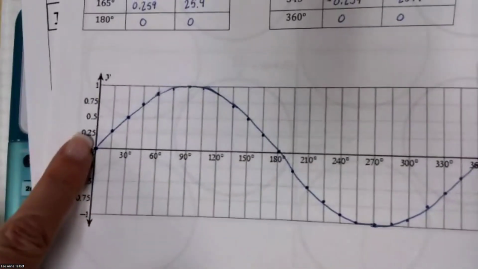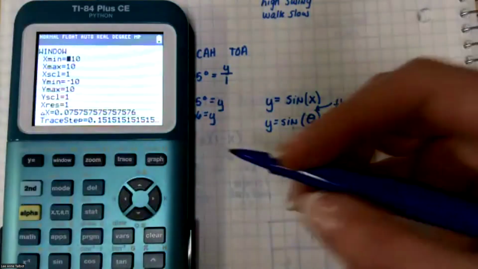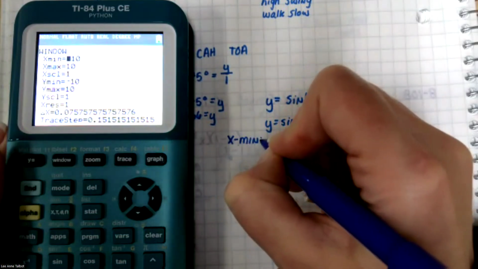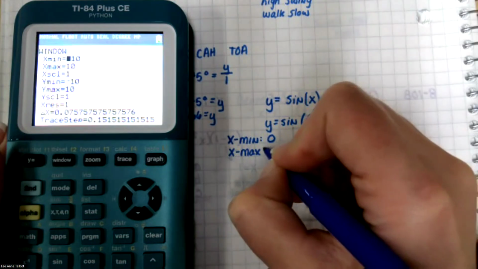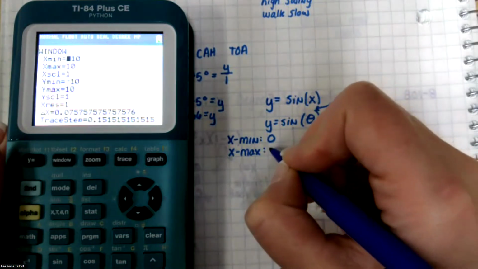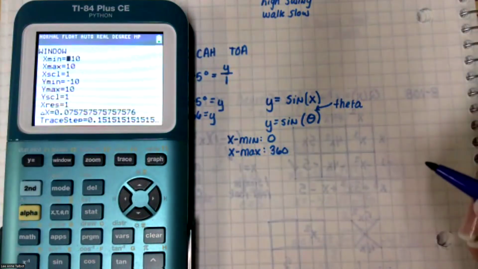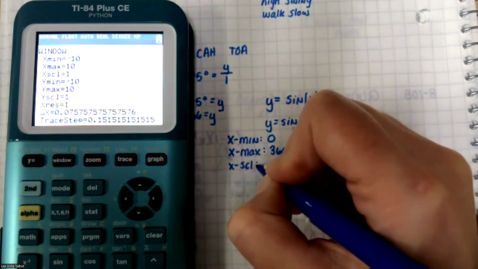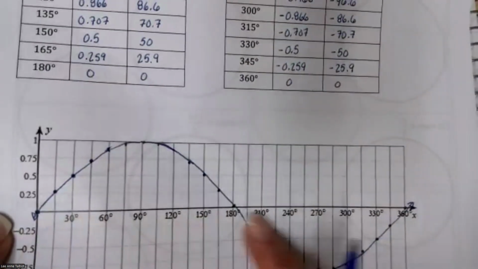So our minimum x is going to be 0 because that's this spot right here. So x min is going to be 0. The x max is going to be 360. And the x scale is going to be going by 15. If you notice, your scale on your graph here goes by 15.